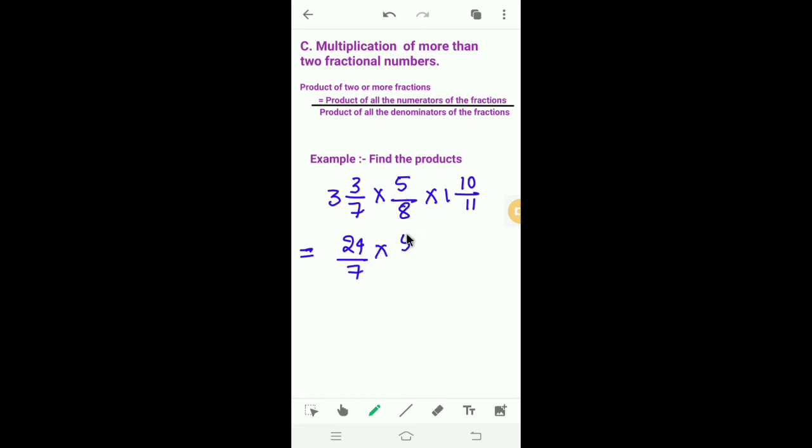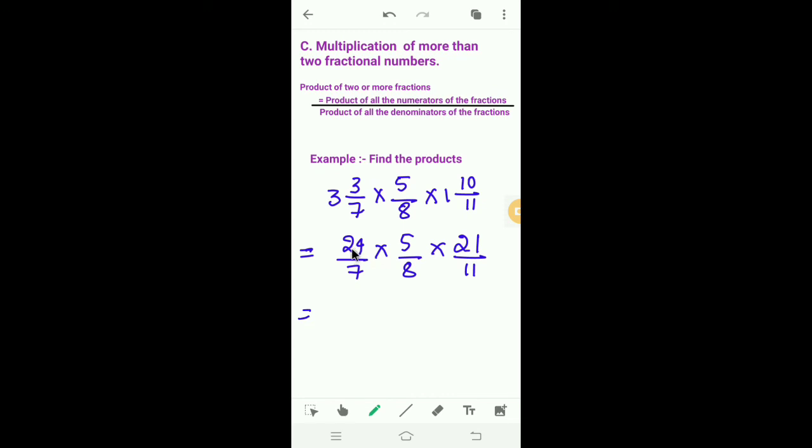Next fraction is 5 by 8 into. Here also we have to convert this mixed number into improper fraction. 11 ones are 11. 11 plus 10 is 21. 21 by 11.